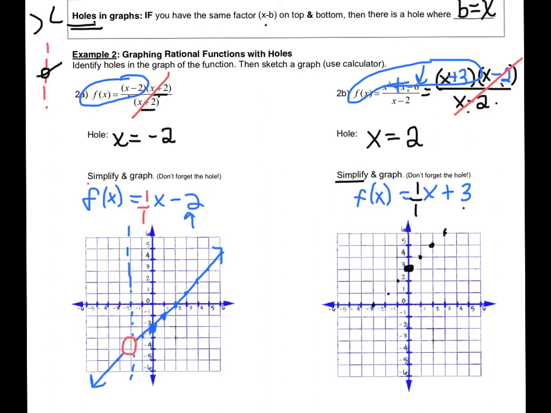And if you're used to drawing the vertical asymptote, that's fine. We can do that at 2. And so what we do is where our line crosses that asymptote, we just put a little hole there instead because it's really not supposed to be there. Oops, I meant to erase. So we'll erase that and put the hole right there.